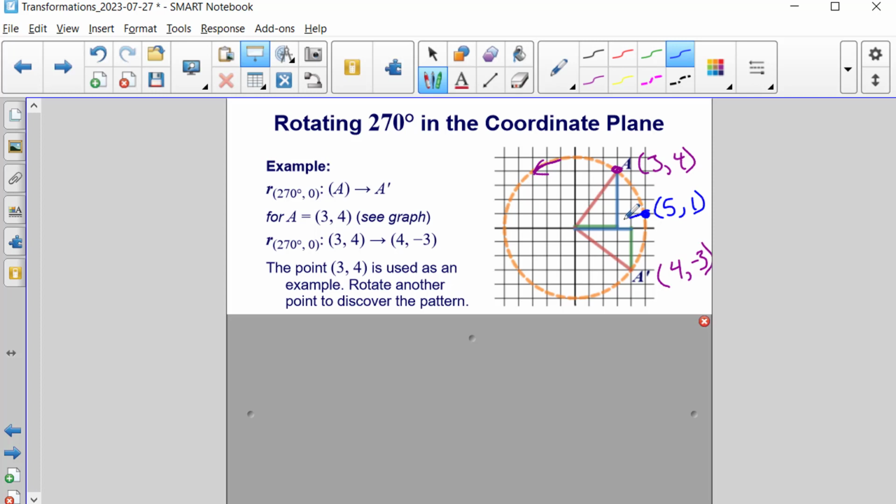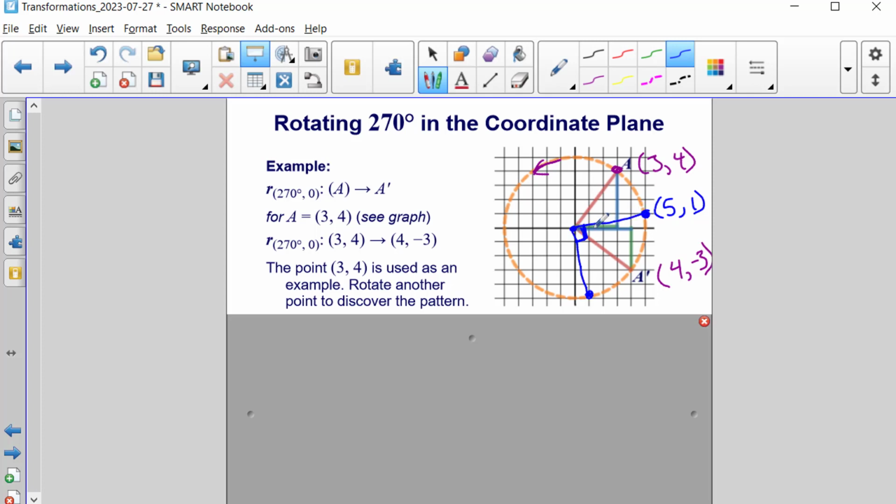If we use the origin as our point of rotation and we go 270 degrees, that's going to be right about here. Notice that the two lines that were drawn form a right angle, and lines that are perpendicular have opposite reciprocal slopes.